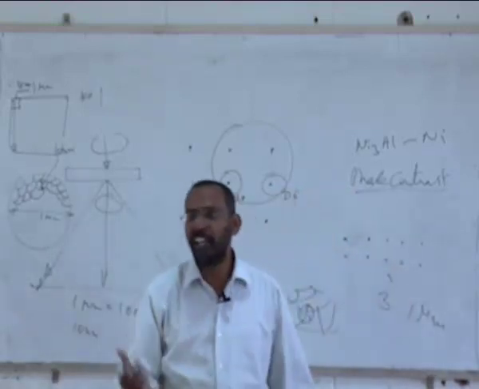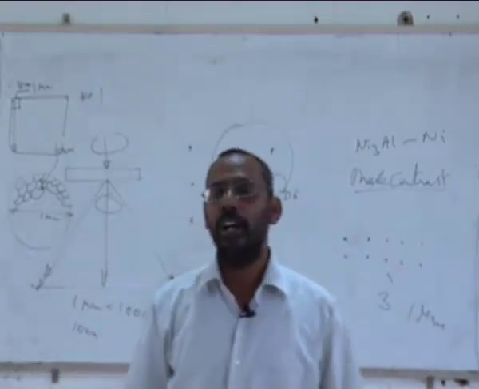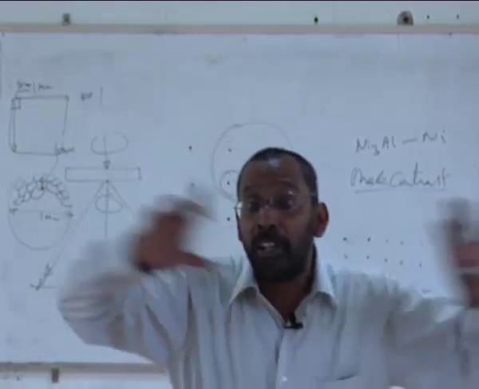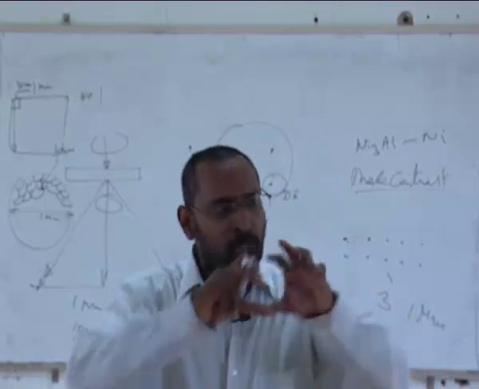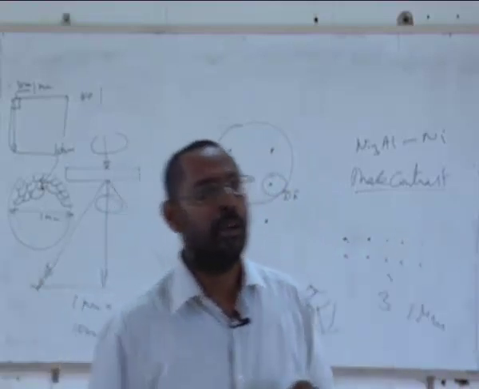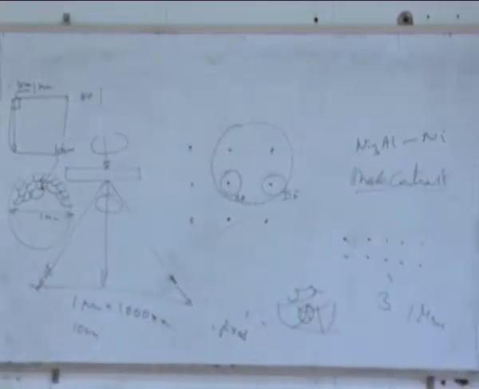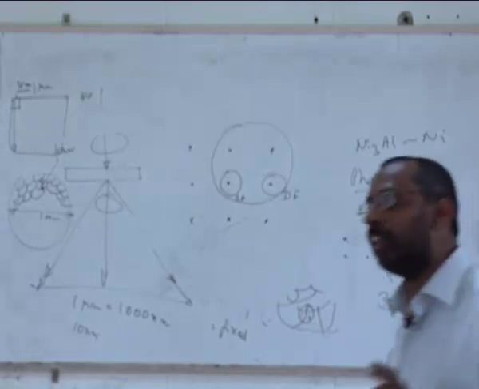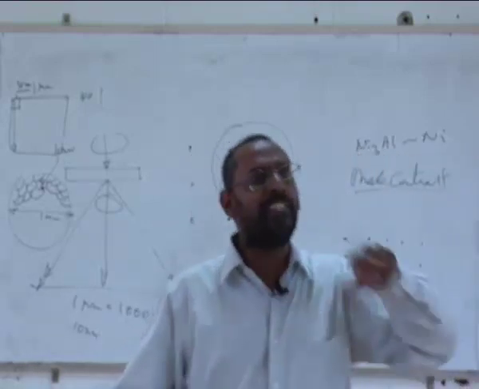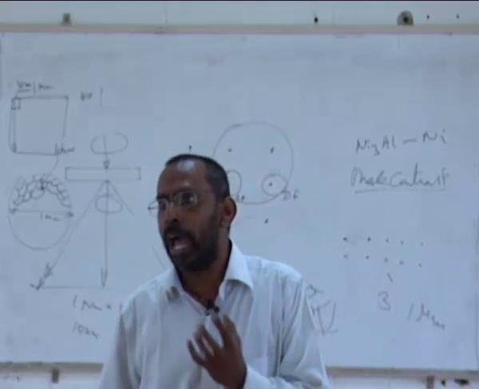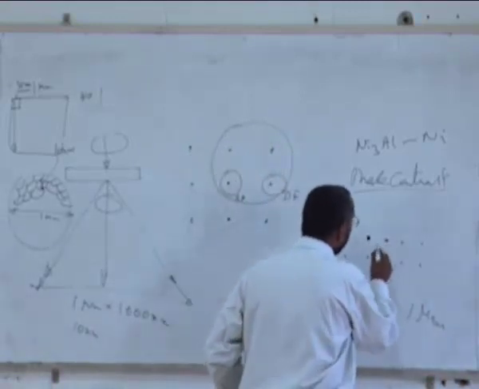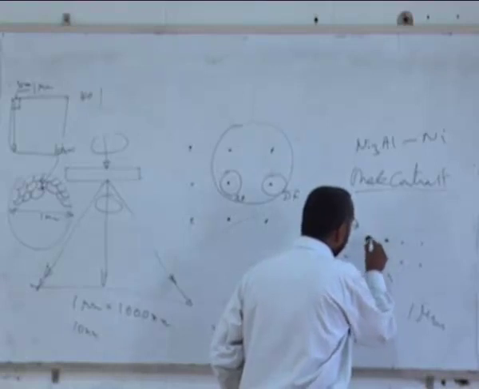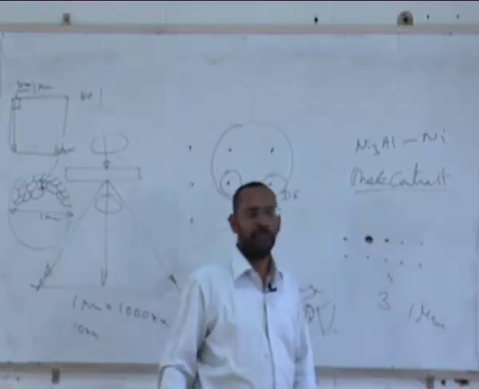Yesterday also possibly I showed you some of the atomic resolution images, and if you look at those atomic images, you will actually see the atoms. What I am seeing is not an atom. You should be very clear about this, that what I am seeing is an image of an atom. Why I am able to see an atom like this is because any atom is composed of certain electrons.